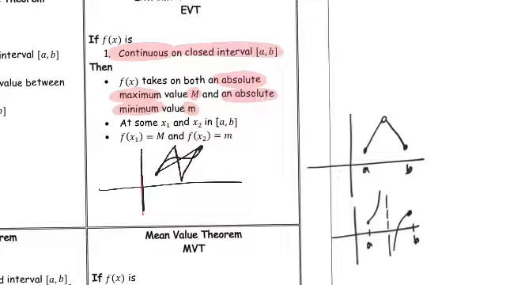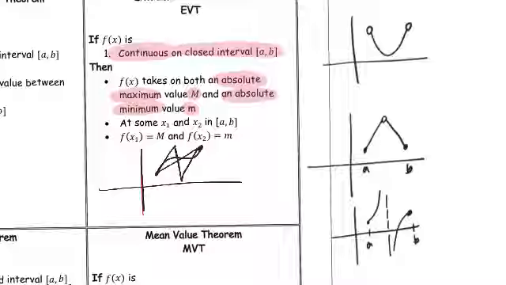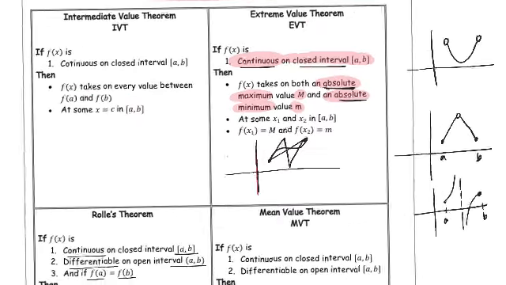So continuity is definitely going to be important on the interval. And the interval has to be closed, because if not, we talked about this in class, if we have something like that, then clearly at the two ends we don't have an absolute max there. So this is why for EVT we need continuous and closed, because EVT deals with absolute maxima and minima.